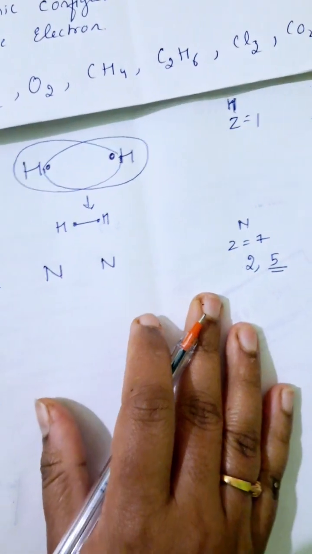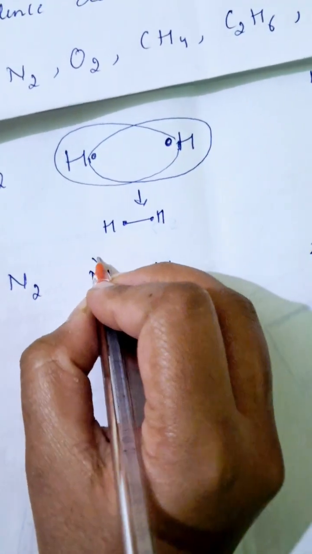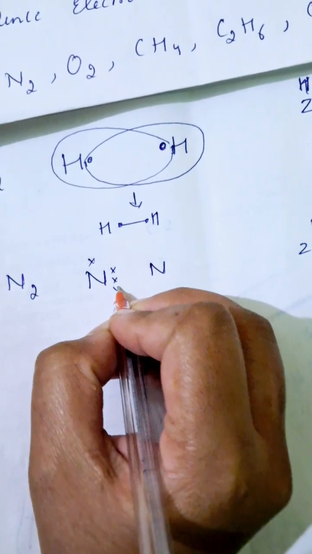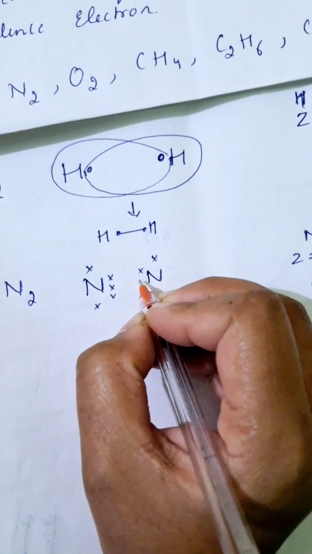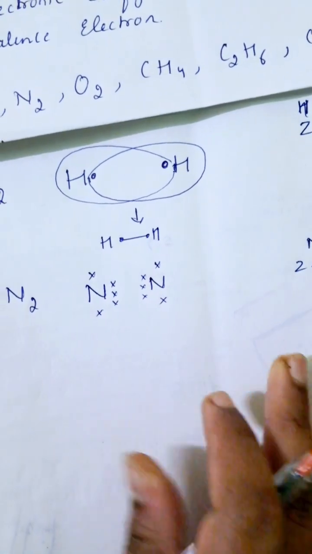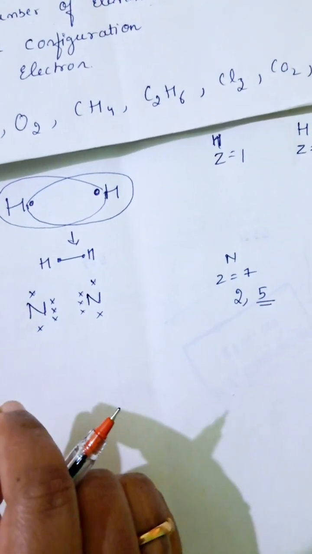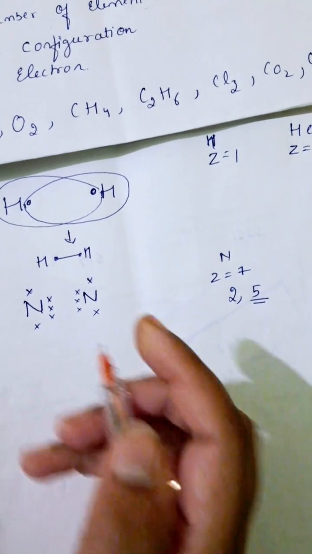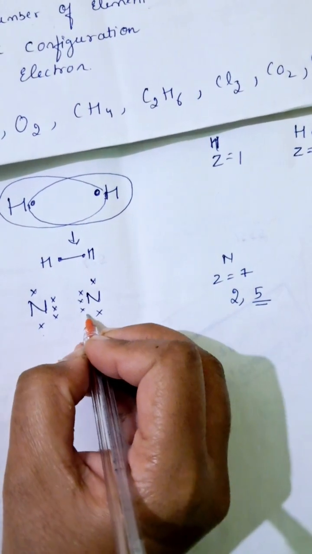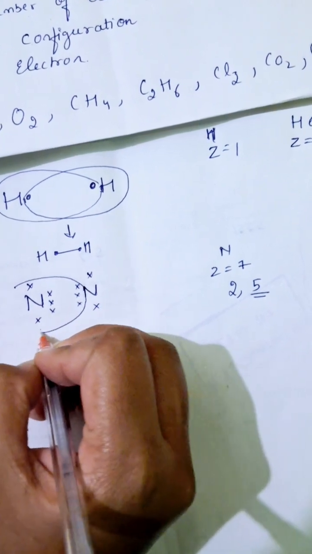Nitrogen has 5 valence electrons, right? So let's show the distribution: 1, 2, 3, 4, 5. Similarly, the next nitrogen also has 1, 2, 3, 4, 5. Is that clear? Each nitrogen already has 5 valence electrons and requires 3 more. Therefore this nitrogen will share its electrons with the neighboring nitrogen such that they form a bond like this.